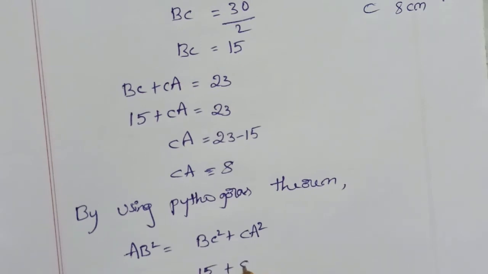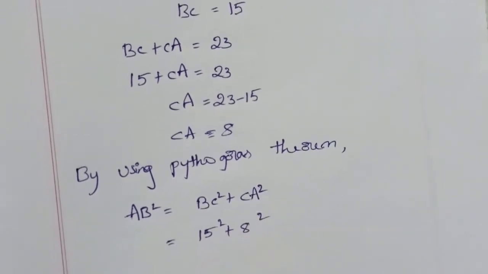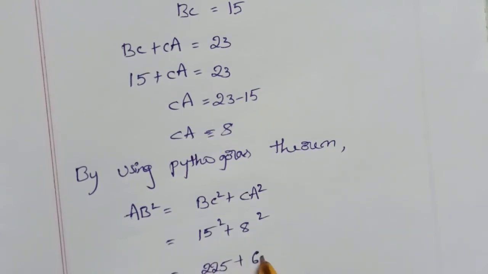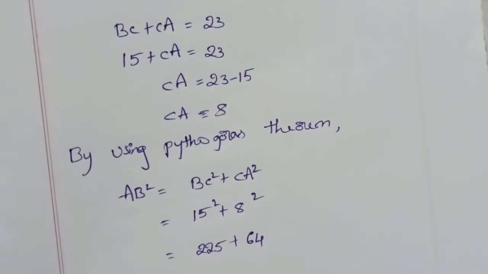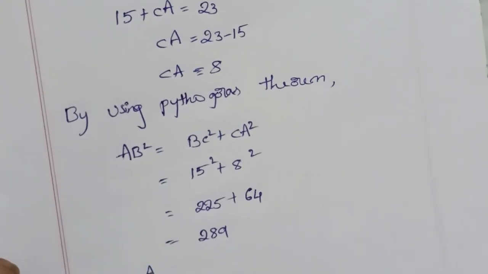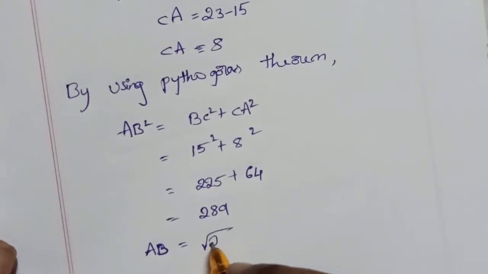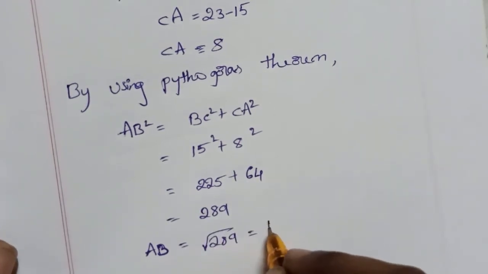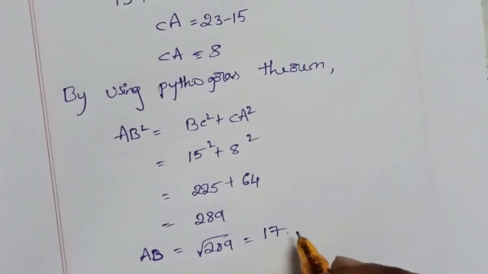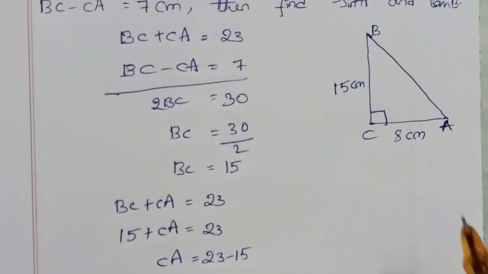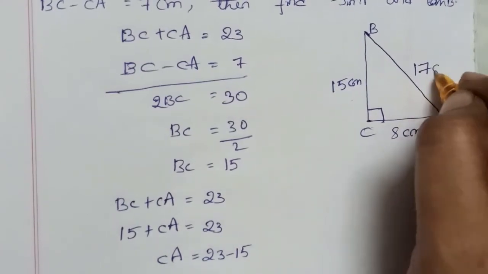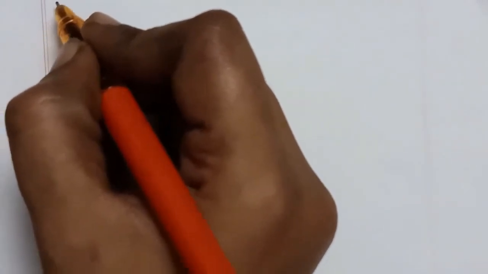The length of CA is 8 centimeters. 15 square plus 8 square is equal to 225 plus 64 is equal to 289. AB equal to square root of 289 is equal to 17. The length of AB is 17 centimeters.